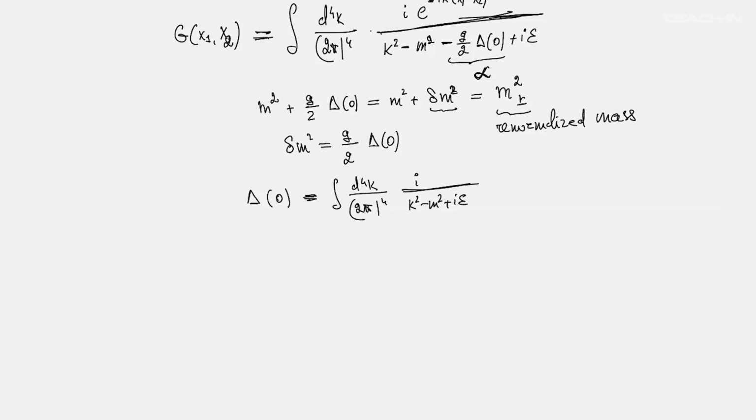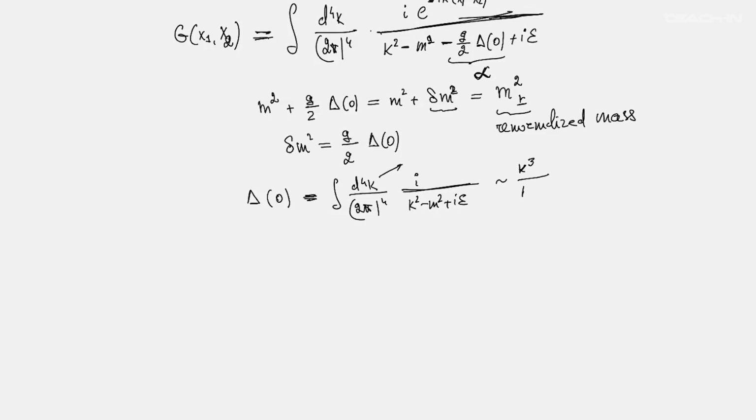something which you see immediately is that this integral is actually divergent. So this integral does not exist. It is infinity. It's quadratically divergent because its numerator, if you go, say, to a spherical coordinate system, grows like the modulus of k to the power cube, so k cubed, and the denominator grows like k squared.